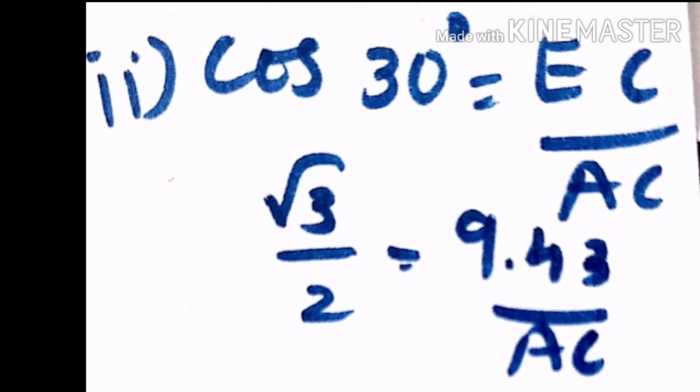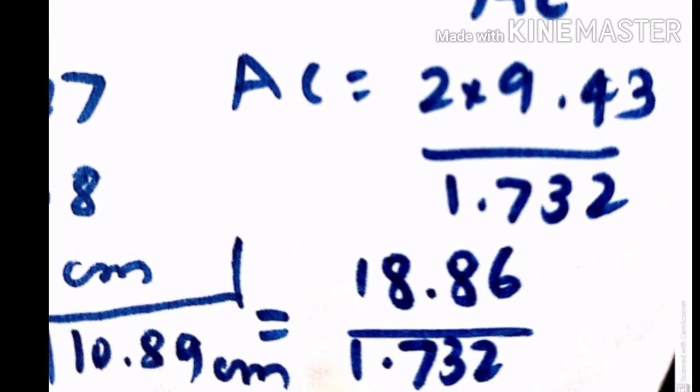So we get the decimal answer by substituting the root 3 value, that we all know is 1.732. Okay, so we find AC by multiplying 2 and 9.43, which gives 18.86, upon root 3 value 1.732, and then by dividing them I get 10.89 centimeters.